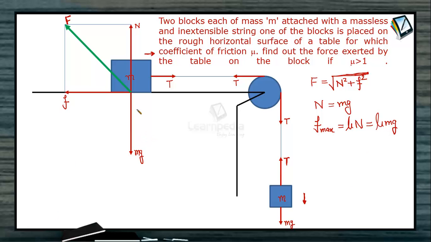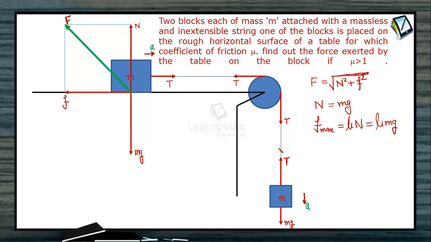Here one thing you must understand is that since friction is involved, it's not necessary that motion is always going to take place. There may be a case when, suppose a is the acceleration of these blocks, a can become 0 also. For now we are just assuming the acceleration, if there is any, as a.